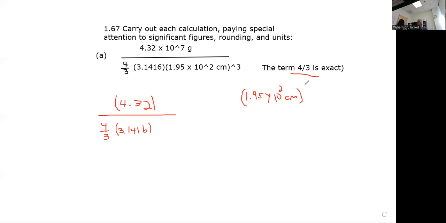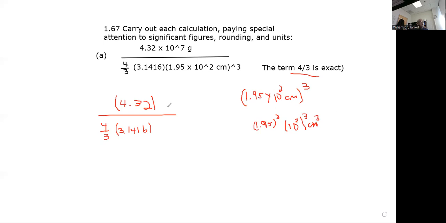quantity cubed is the same thing as 1.95 cubed, 10 squared cubed, centimeters cubed, because this is all multiplication.